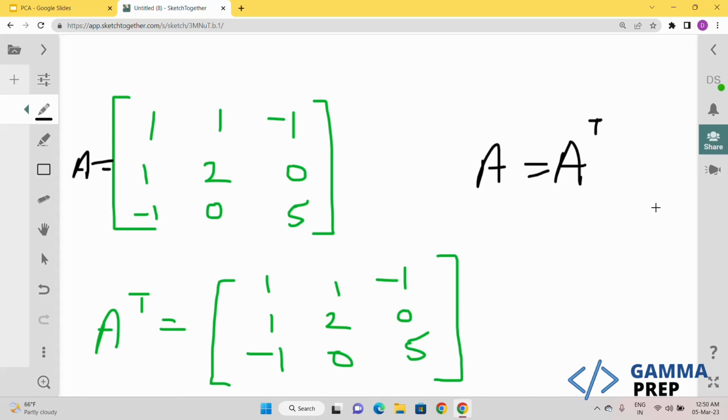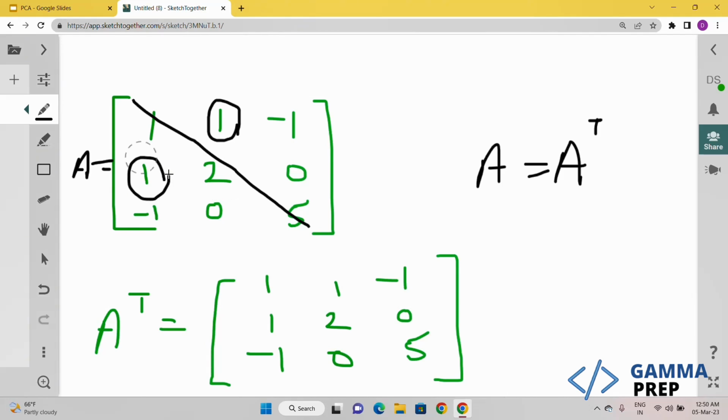What does a symmetric matrix mean? Obviously you exclude the primary diagonal elements, but the first row second column element will be equal to the second row first column element. The first row third column element will be the same as the third row first column element. This is what happens in a symmetric matrix.